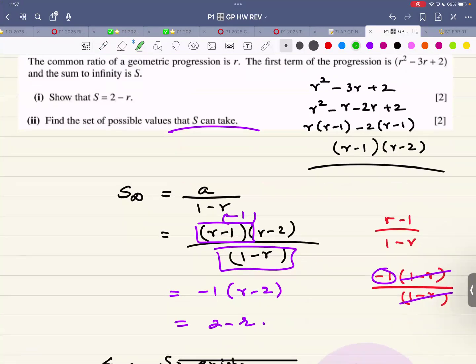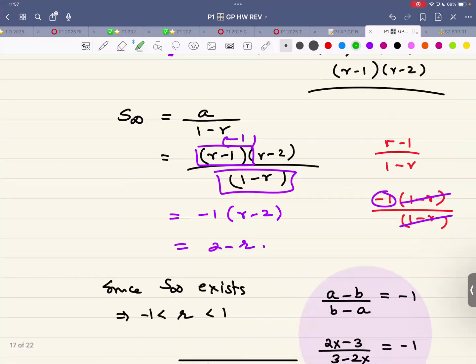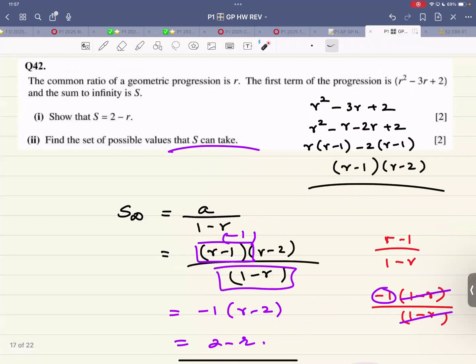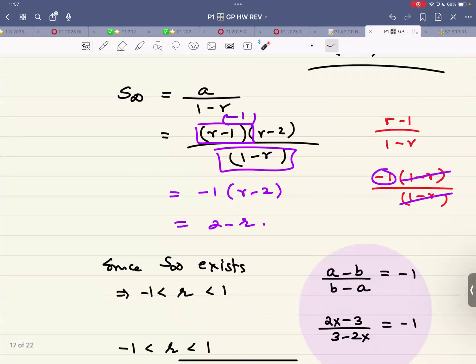Now, first of all, sum to infinity is A over 1 minus R. This is the first term factorized over here: R minus 1, R minus 2. Now, 1 minus R, if I let it remain as it is, R minus 1 can be written as -1 common 1 minus R. Can I write it like this?